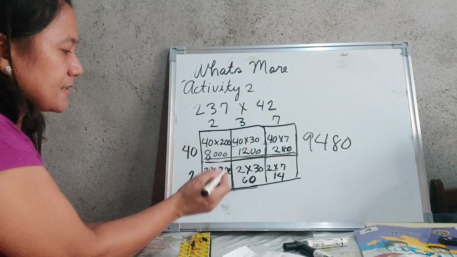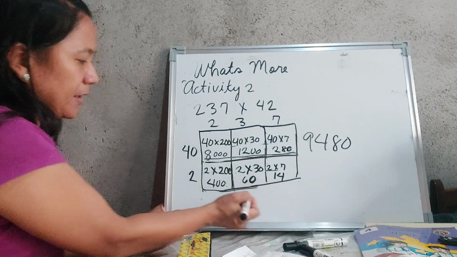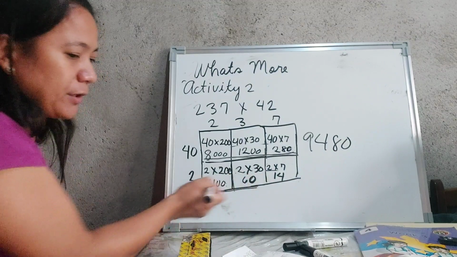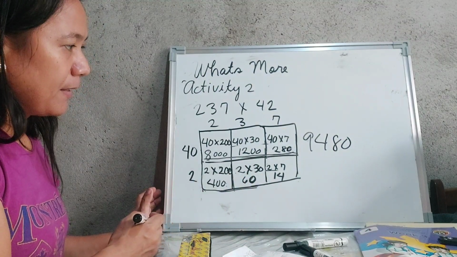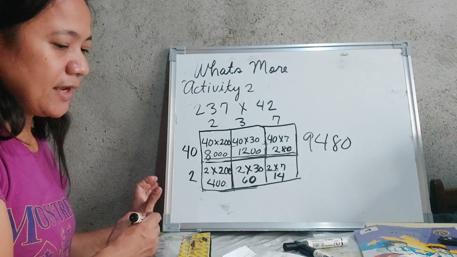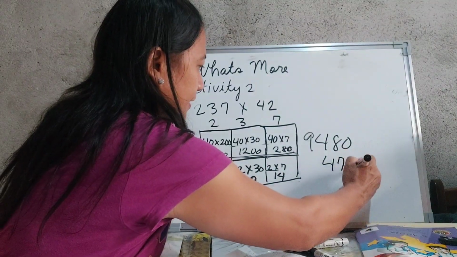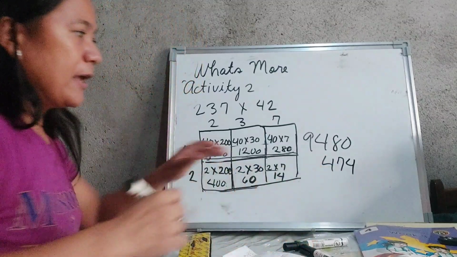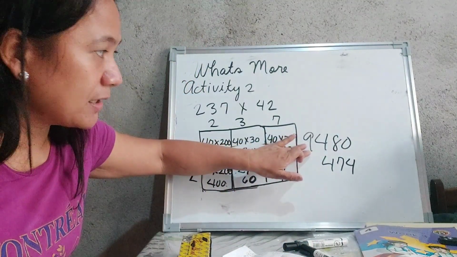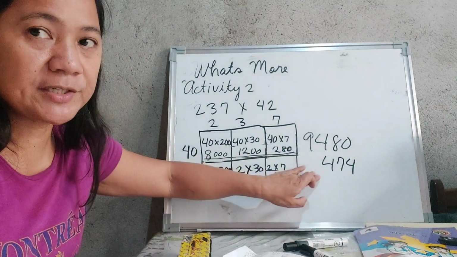And lastly, sum up these three numbers, 400 plus 60 and 14, the answer that we will get is 474. So, this is the first partial product and the second partial product.